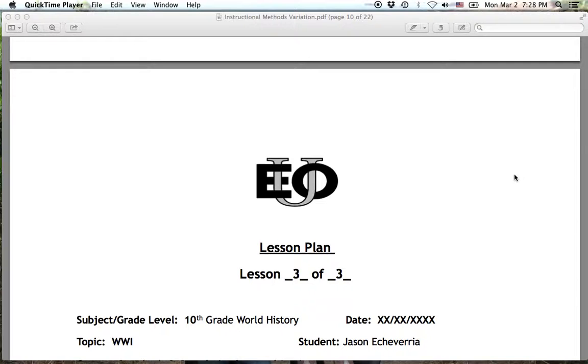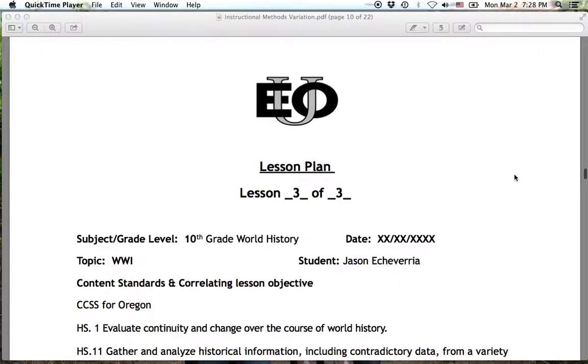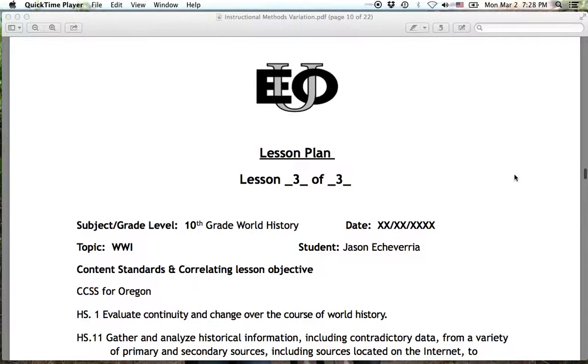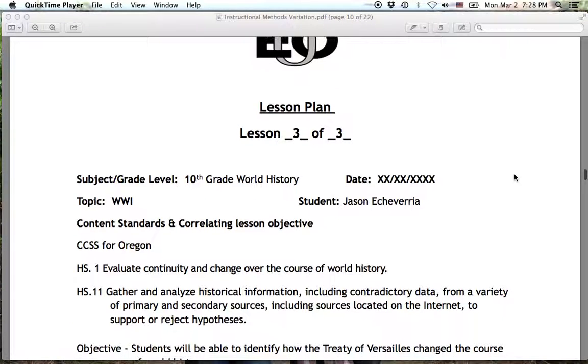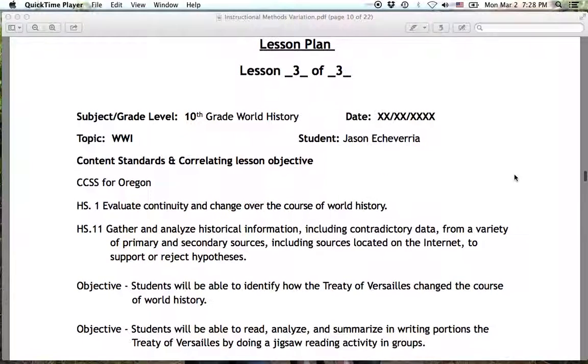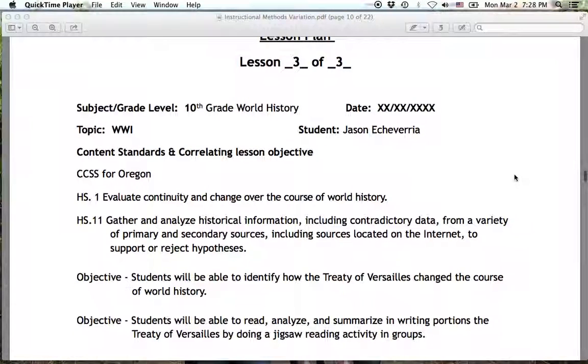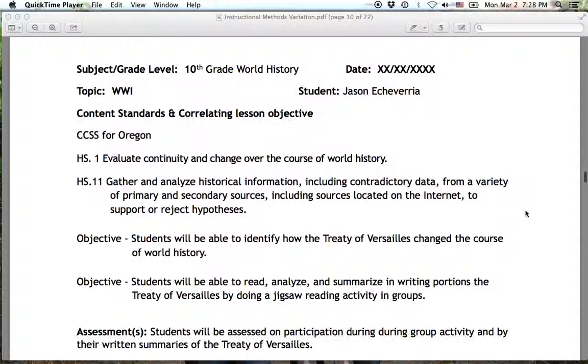And then the third plan would be the authentic one, where again the standards are the same, but in this case that second objective changes quite a bit more. It says students will be able to read, analyze, and summarize in writing portions of the Treaty of Versailles by doing a jigsaw reading activity in groups.